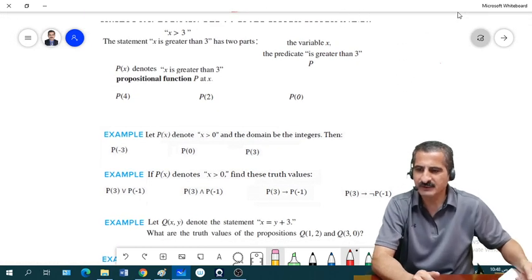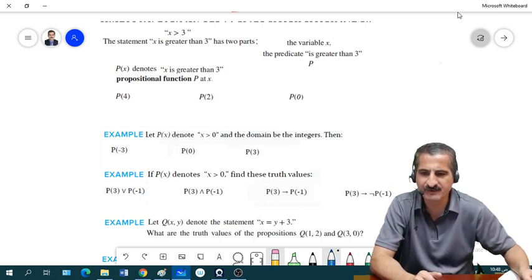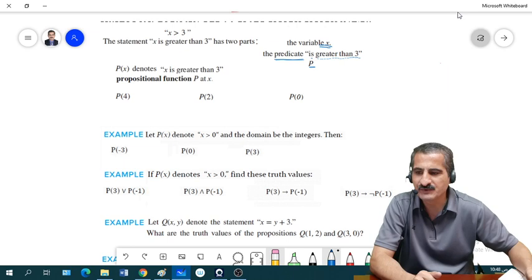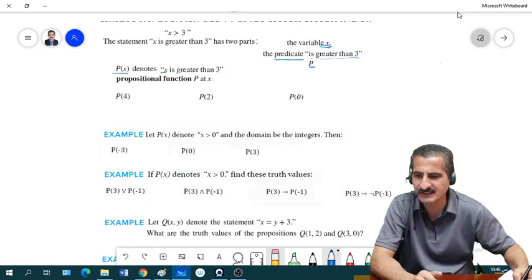The statement x is greater than 3 has two parts: the variable x, and the predicate, which is the part "is greater than 3". This part is called the predicate and it is denoted P. So the whole sentence P of x denotes the whole sentence x is greater than 3.